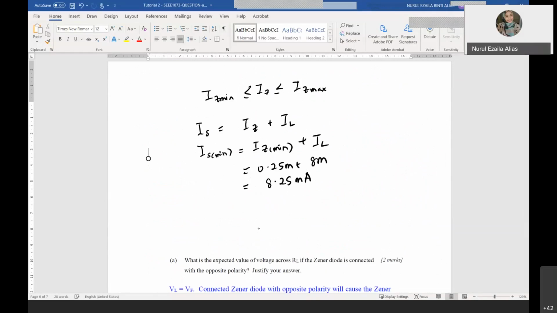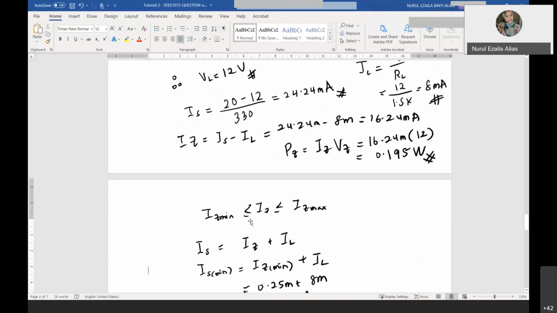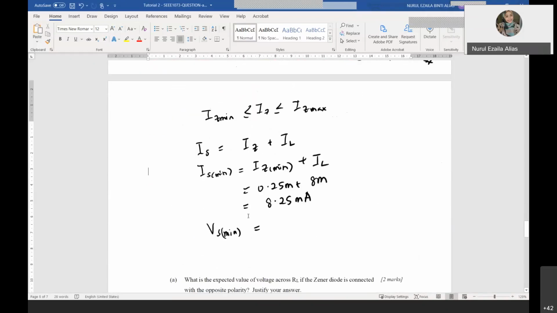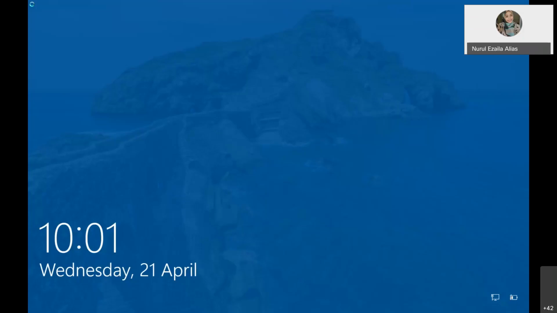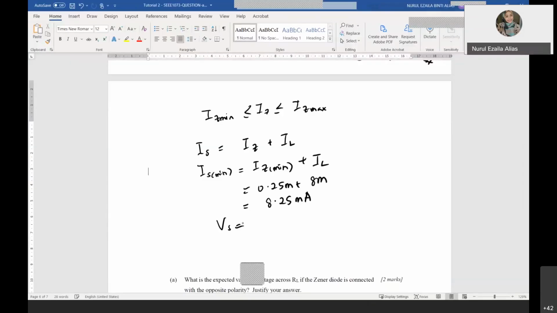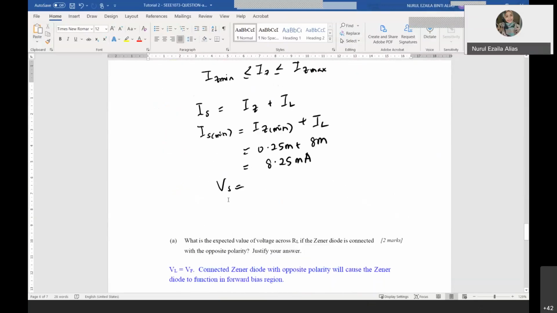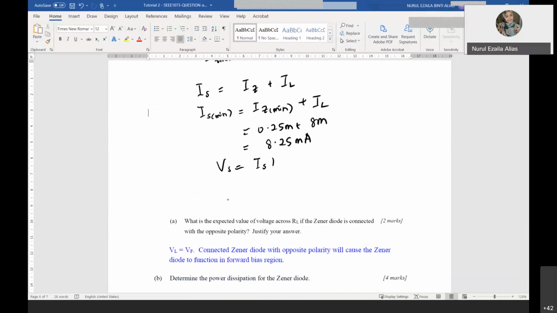So for the VS minimum, at this KVL loop, we know that VS is actually IS RS plus VZ, when you have IS minimum.